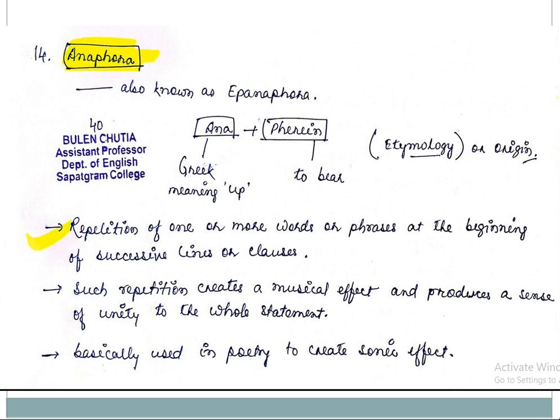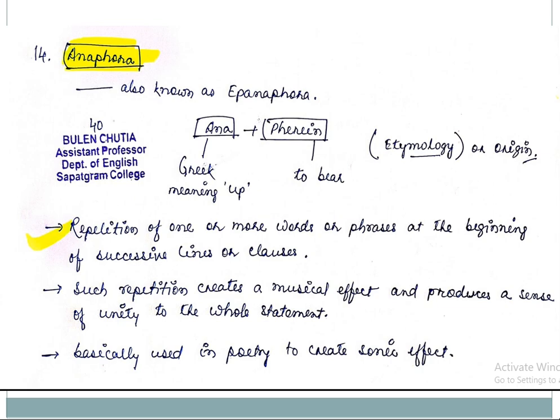It is basically used in poetry to create a sonic effect. Sonic effect means sound effect. Such repetition creates a musical effect and produces a sense of unity to the whole statement. What is the use of this? Anaphora is used to create a musical effect and to produce a sense of unity to the whole statement.